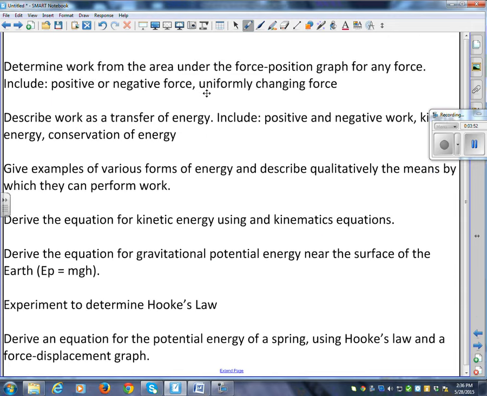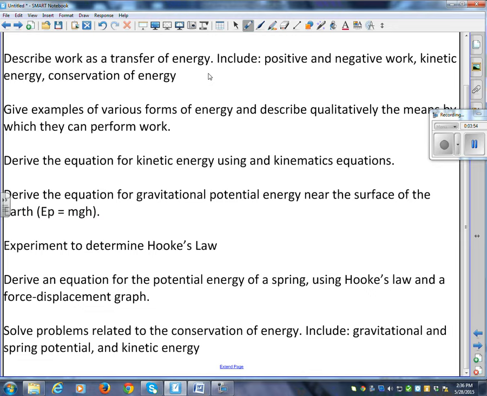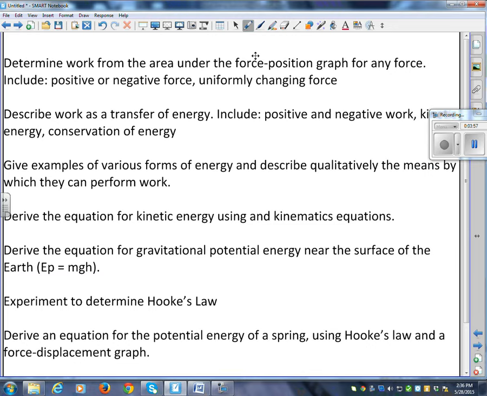Okay, did we determine work from the area under the force-position graph for any force, including positive or negative force and a uniformly changing force? We found, more than once I showed you, force versus distance. What's the area under the graph?